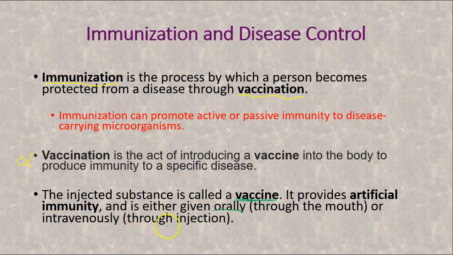So antibodies are injected. If it's another type of vaccine, then it would be given orally. So some vaccines are given orally, some are given intravenously. Now, immunization may promote active immunity or passive immunity to a disease-carrying organism. Okay, so keep that in mind.